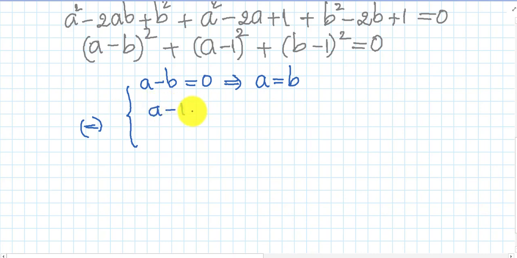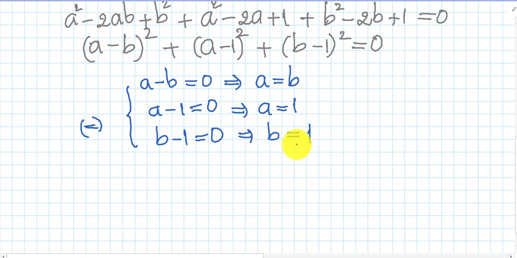A minus 1 equal 0, and we get a equal 1. B minus 1 equal 0, and we get b equal 1. So we get a equal b equal 1.